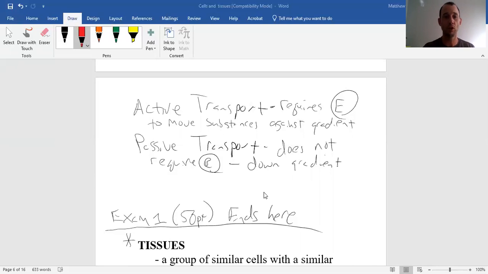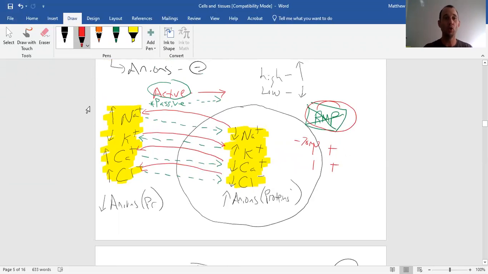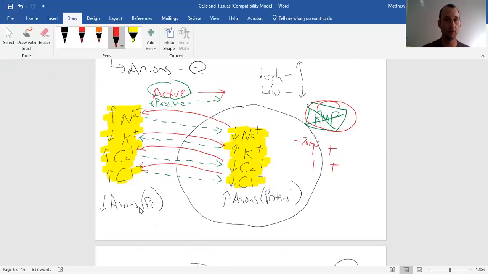All right. So what we mean by that is, if I go back to this and talk about passive versus active transport, you have a different amount of sodium and the other ions inside versus outside your cell. So what we're looking at here, pick a different color here. You have a different amount for each ion inside versus outside of the cell.